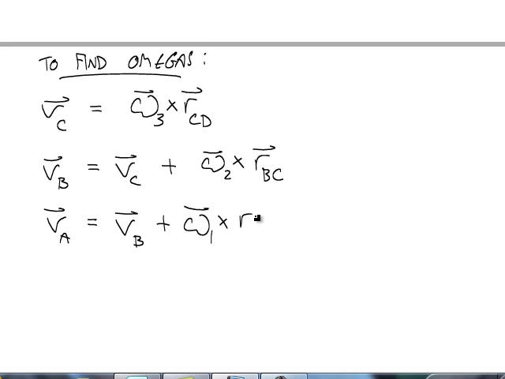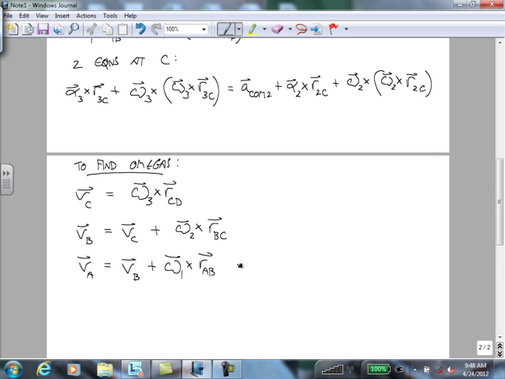So you can plug this in here, calculate omega 1 and omega 2. Does that help? Does that make sense, or is that confusing?